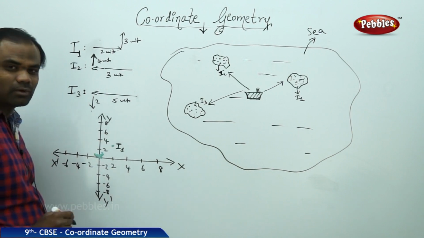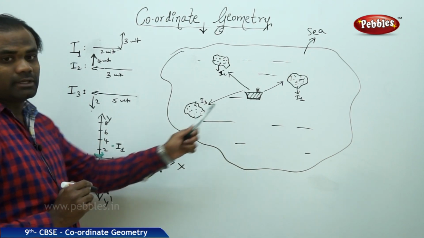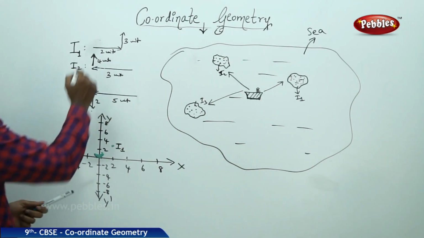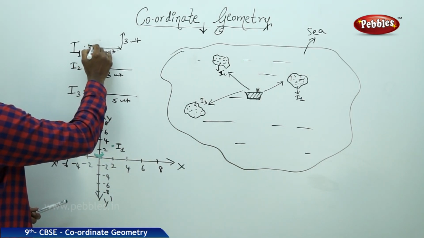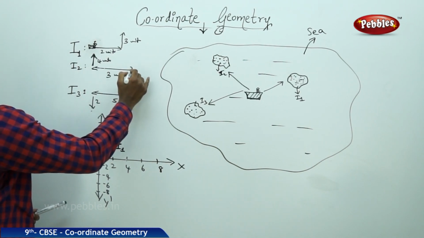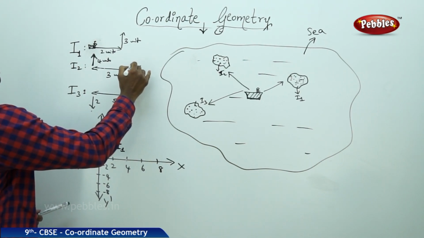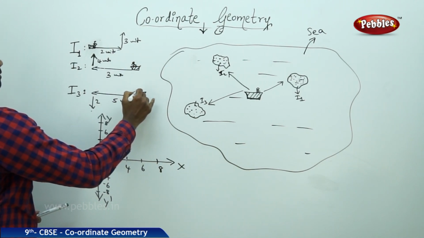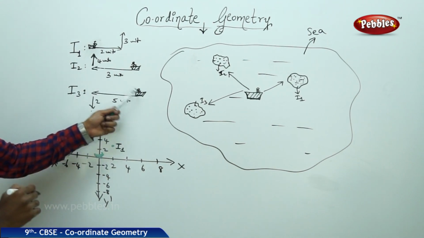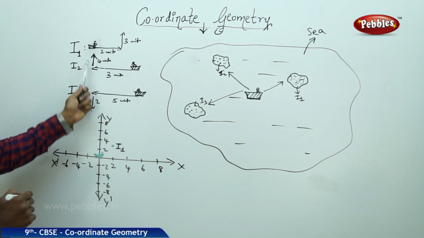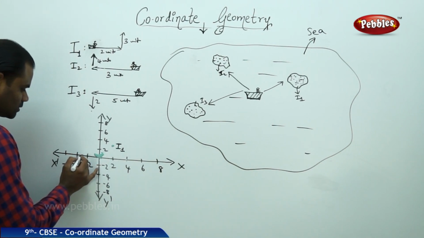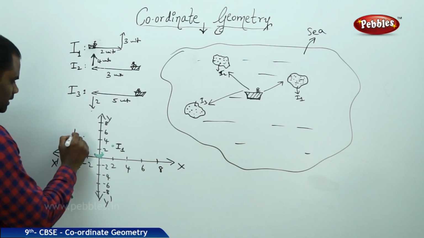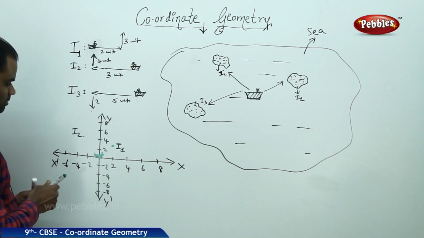This is island 1. And next, the destination is about reaching island 2, where the ship moves. Here is the ship. The ship has to move 3 units left and 4 units up. So here comes island 2 into this place.